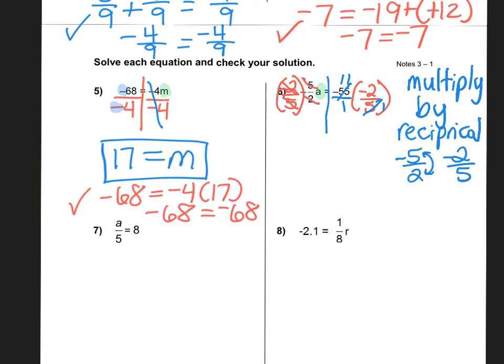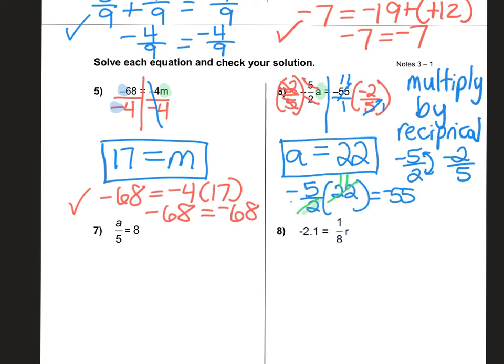So I can multiply -11 times -2, remembering that two negatives make a positive, and I get 22. If you plug that back in and simplify, on the left side, -5 times 11 does equal -55. So we were correct when we check our answer.